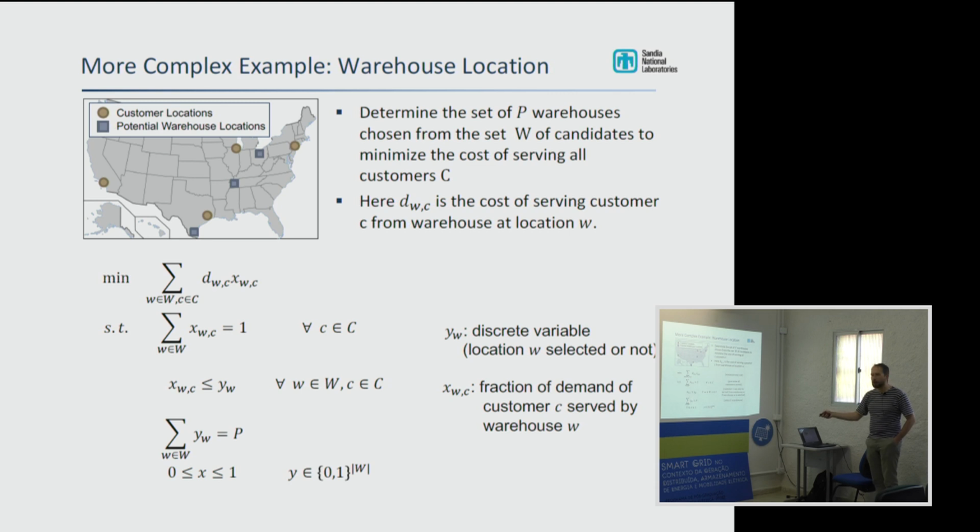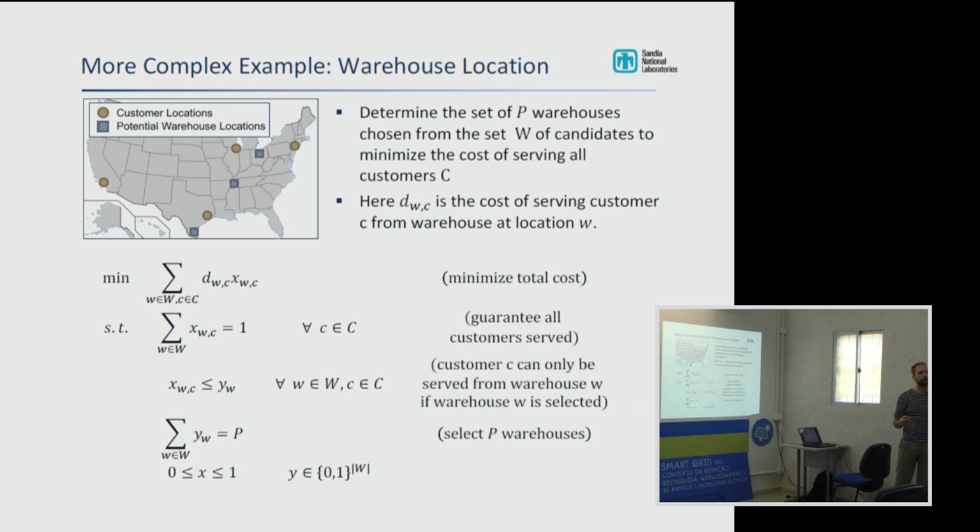And here the value Y is a variable, and it means that at the warehouse W we actually created a warehouse. Okay? So, from the set of possible candidates, Y is 1 if we actually created a warehouse, and 0 if there is no warehouse on this set.